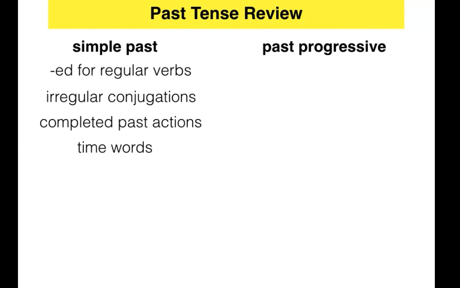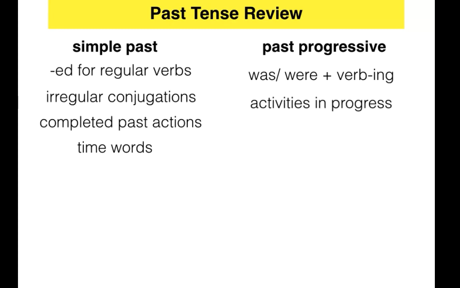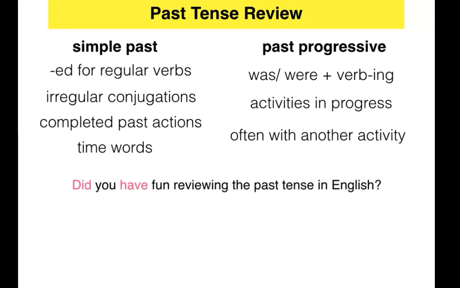To form the past progressive, we need was or were and a present participle. We use the past progressive to talk about activities in progress, and this tense often appears with another activity in the past.